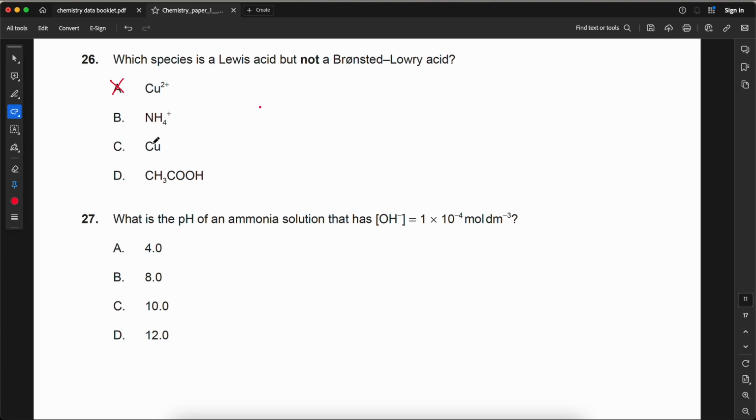And Cu is not a Lewis acid because it is not an ion. And CH3COOH is able to donate a proton only. Therefore, the answer is A, Cu2+. It is able to only accept a lone pair but not donate a proton, which means it's not a Bronsted-Lowry acid.